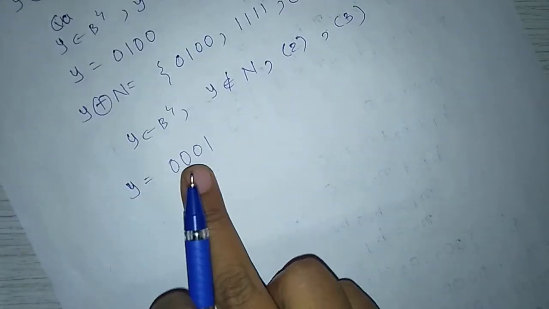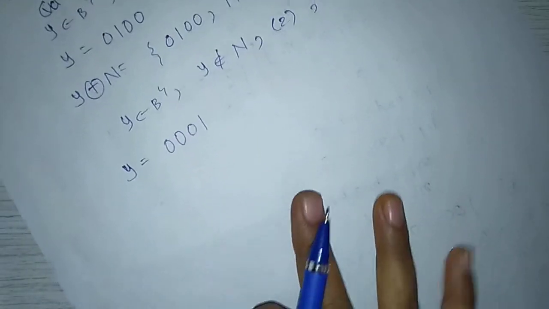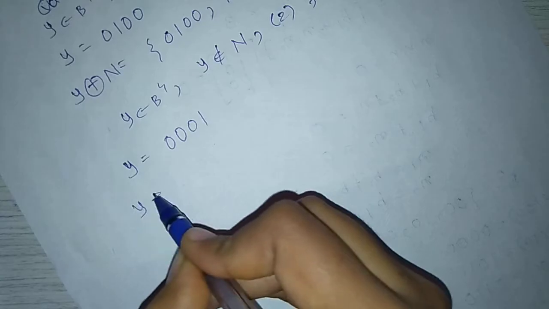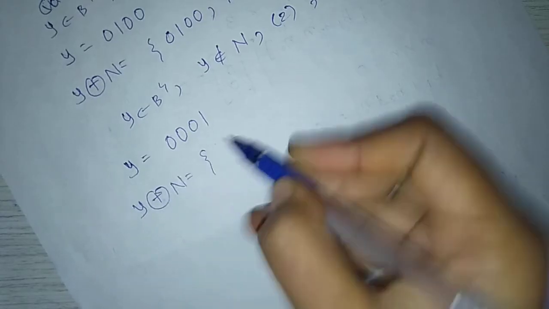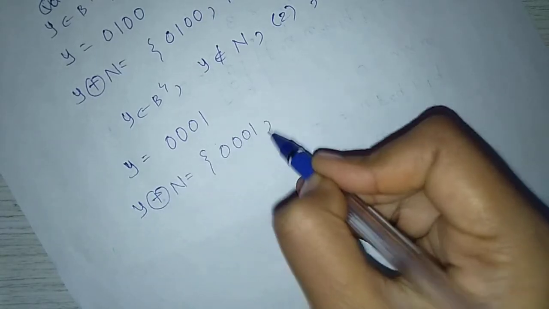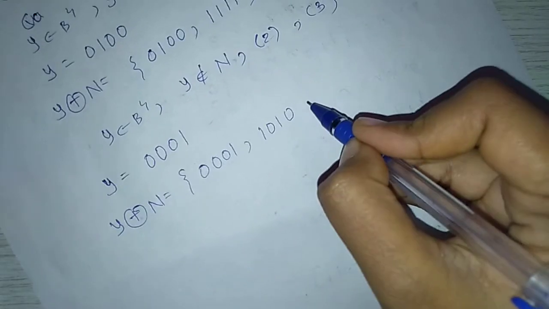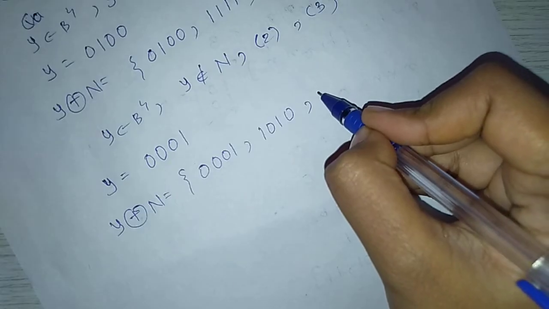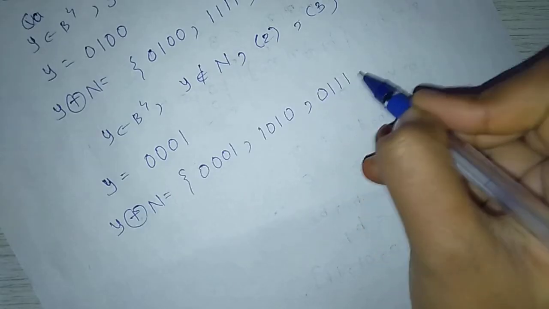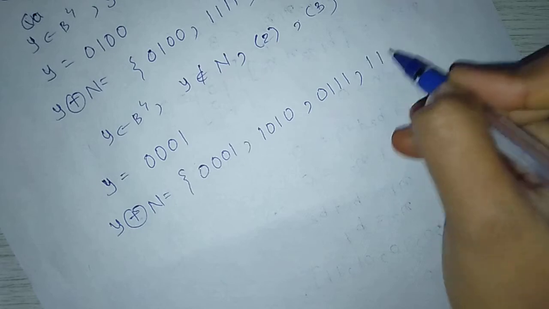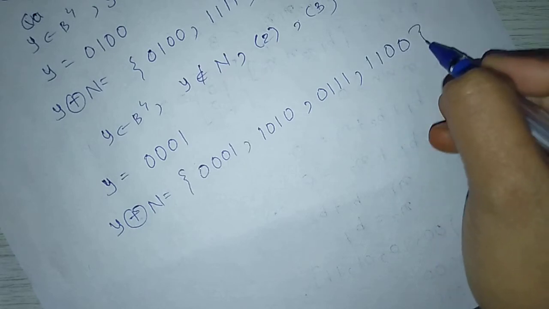That's why we take y equal to 0 0 0 1. Therefore y ring sum n equal to 0 0 0 1, 1 0 1 0, 0 1 1 1, 1 1 0 0.